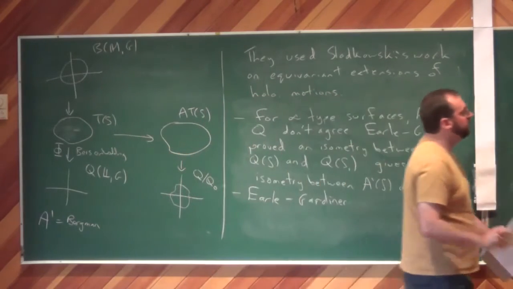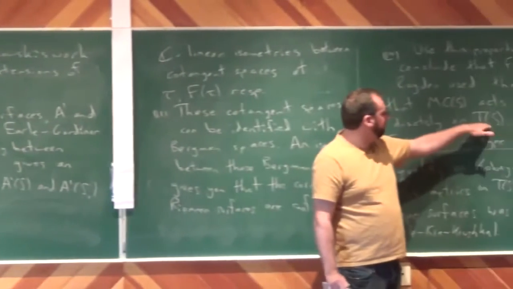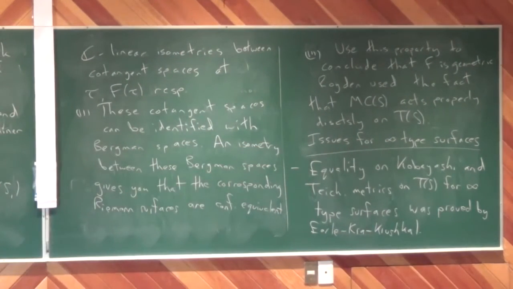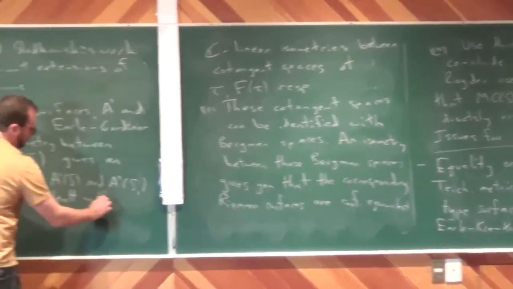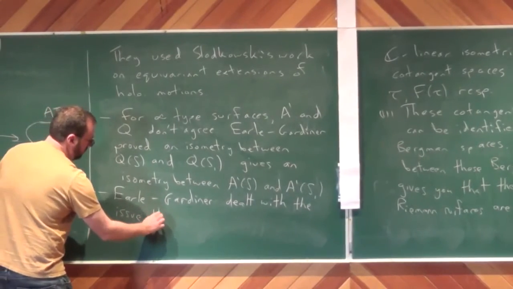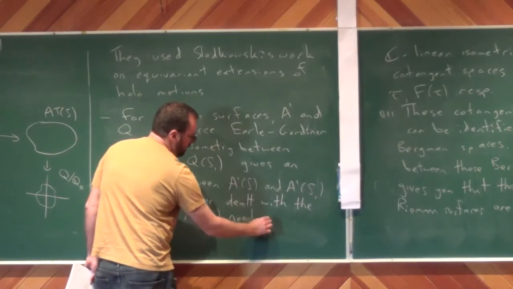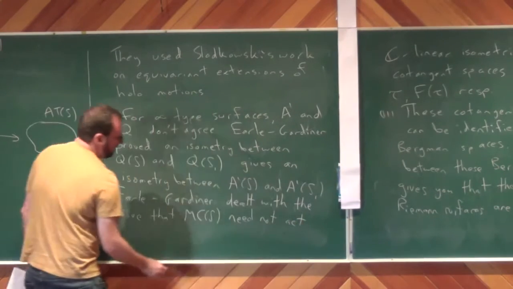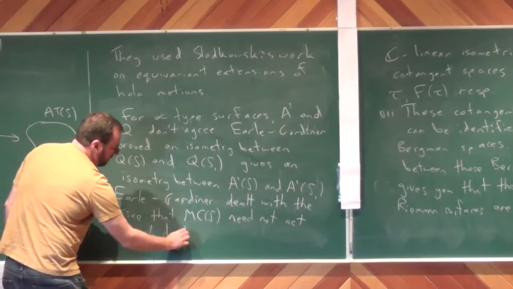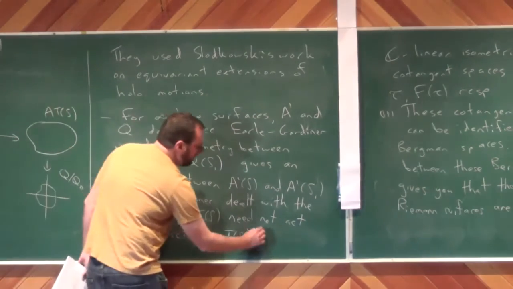Earle and Gardiner also took care of the problem that the mapping class group of S doesn't need to act properly discontinuously on Teichmüller space when you have infinite type surfaces. So they also dealt with the issue that the mapping class group of S need not act properly discontinuously on Teichmüller space for infinite type.